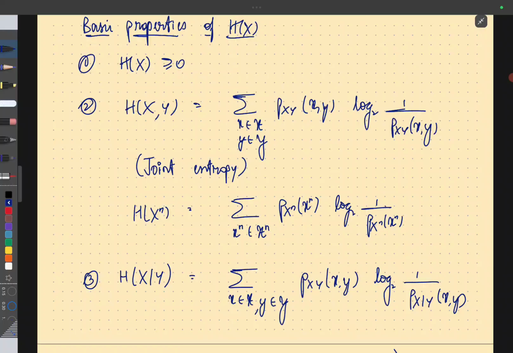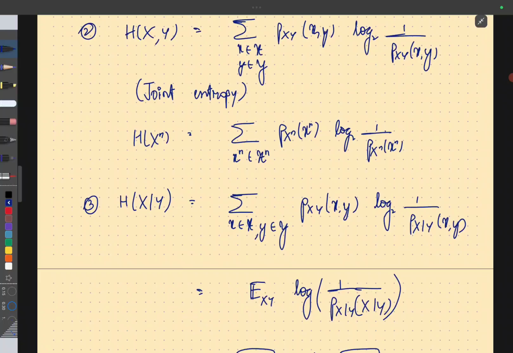All right. But we also defined this notion of joint entropy of a pair of random variables. So H(X,Y) is defined exactly as we did for the standard entropy, but by taking the pair (X,Y) as a single big random variable. And the conditional entropy was defined in this particular fashion.